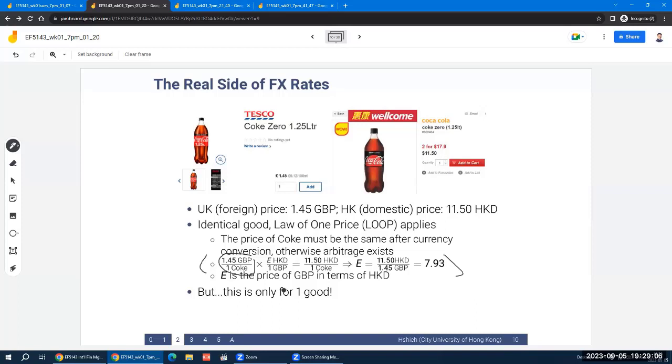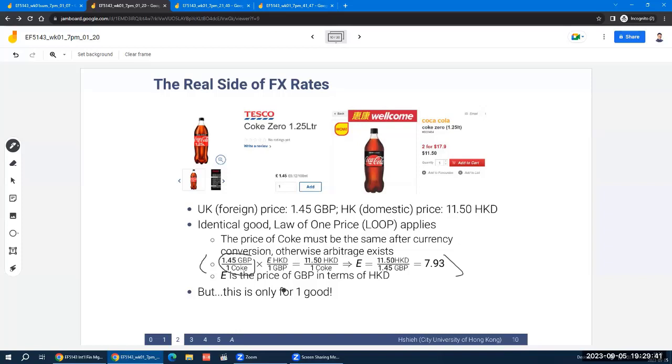We want to back out the price of 1 pound sterling in terms of Hong Kong dollars. That's what we're trying to do. On the right-hand side, we have the price of Coke in terms of Hong Kong dollars, 11.50 Hong Kong dollars per bottle of Coke. So solve for E. That's how we apply the law of one price, and we can easily back out the exchange rate. You can do the math yourself, it should be 7.93.